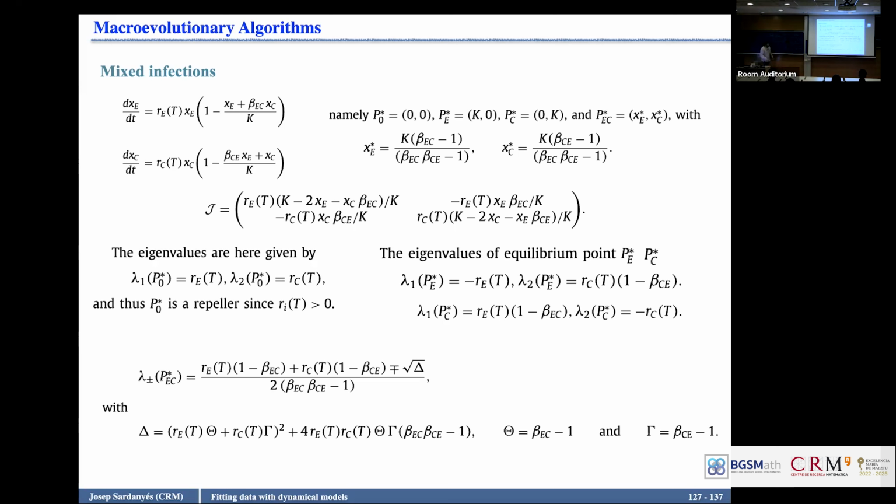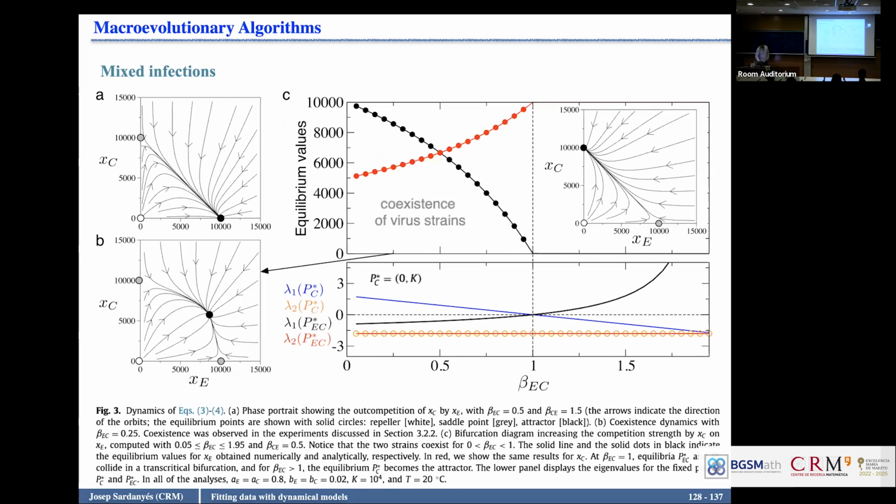These are the values for the other fixed point, the interior fixed point, which is very complicated. But what I show you here is a bifurcation diagram moving beta EC. You see that when beta EC is between 0 and 1, we have coexistence.